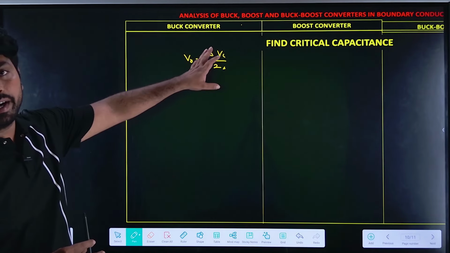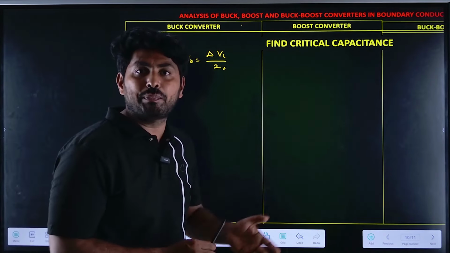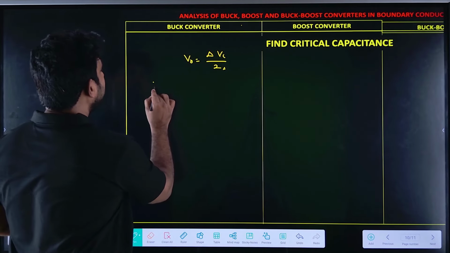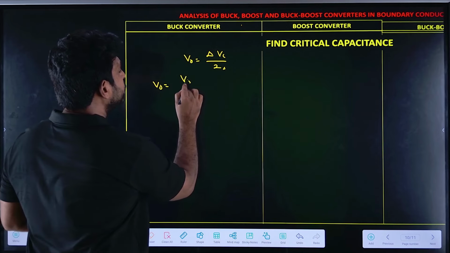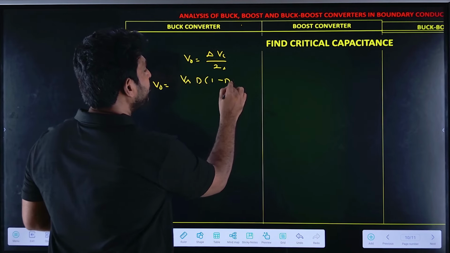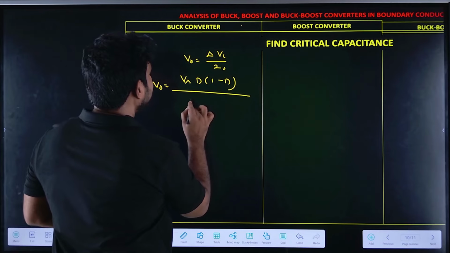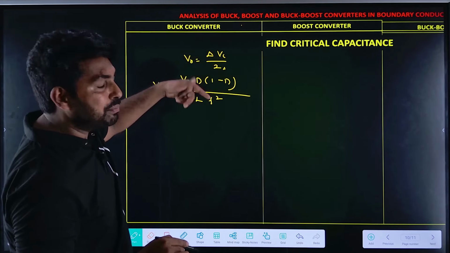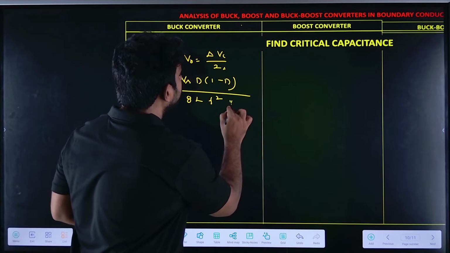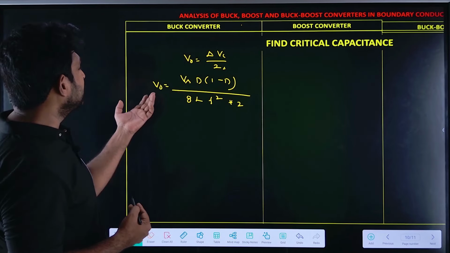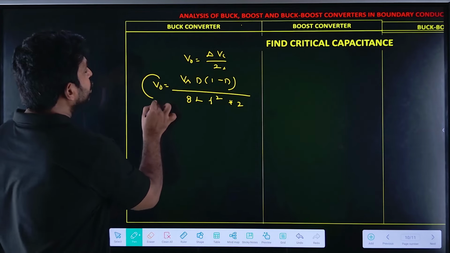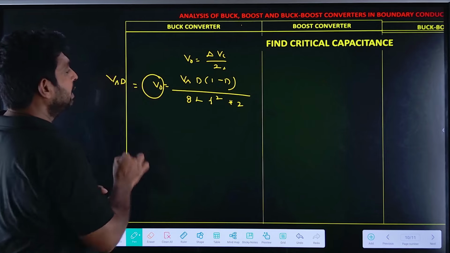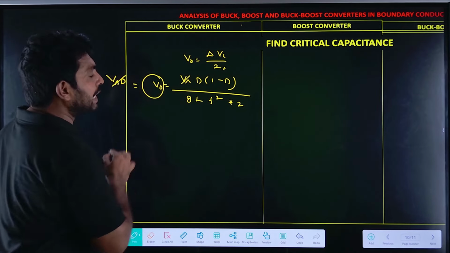So how can it be defined? Delta Vc we have derived in the previous session, so you can take the expression directly from that. So V0 equals Vs into d into 1 minus d divided by 8 LCF square, which is equal to delta Vc by 2, so we need to multiply by 2. Here V0 we can replace with Vs into duty cycle d, so Vs and d get cancelled out.